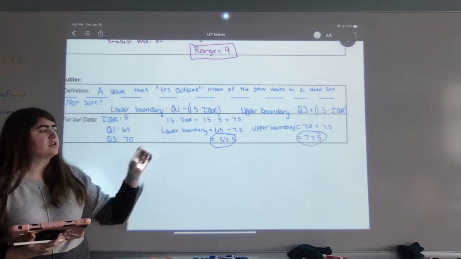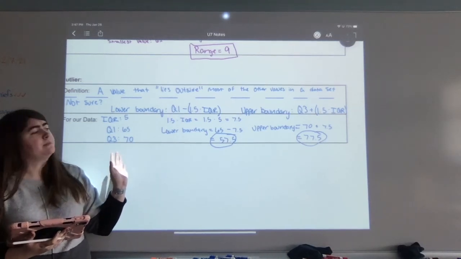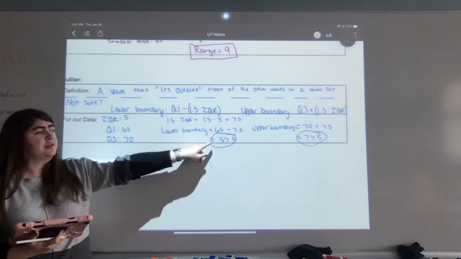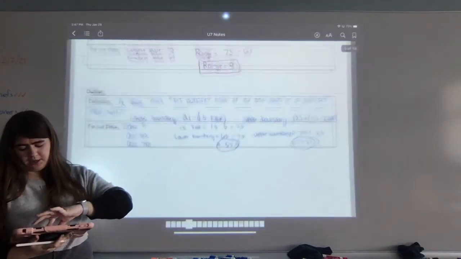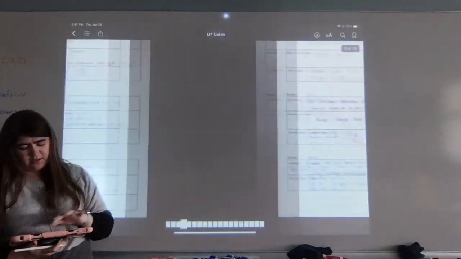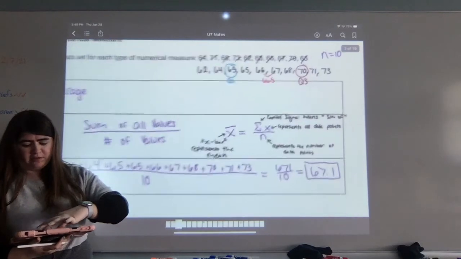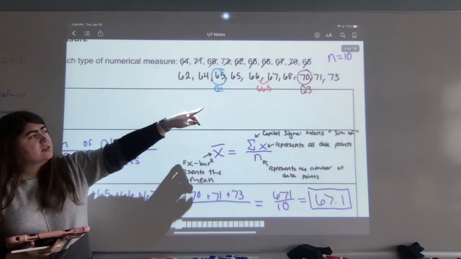So these are just guidelines. That's our boundary. That's telling us that anything above 77.5 is too far away, and anything below 57.5 is too far away. So if we go look at our data, we're looking for anything that is above 77.5 or below 57.5. Our minimum is 62 and our maximum is 73.